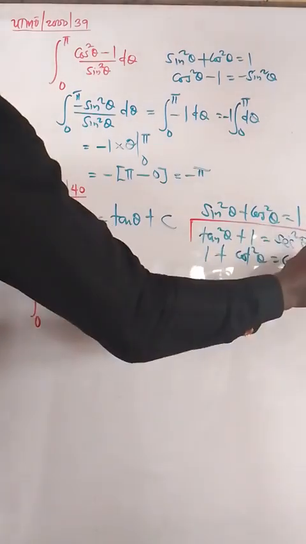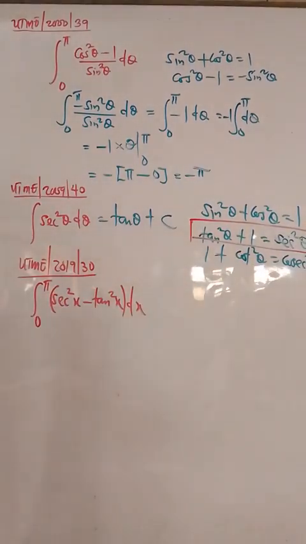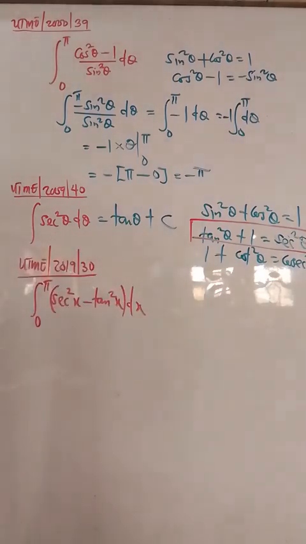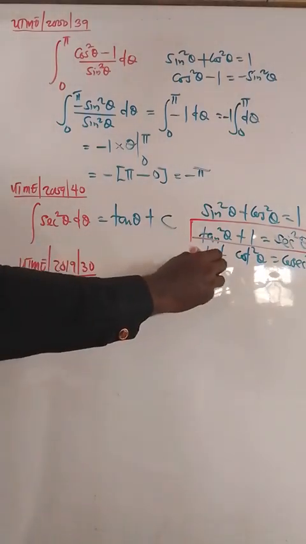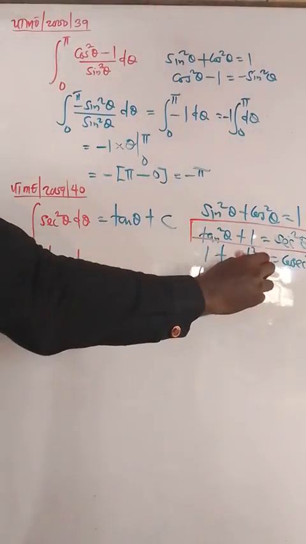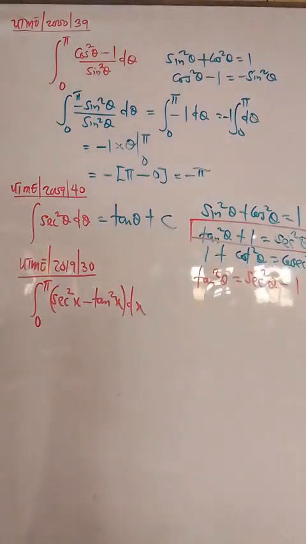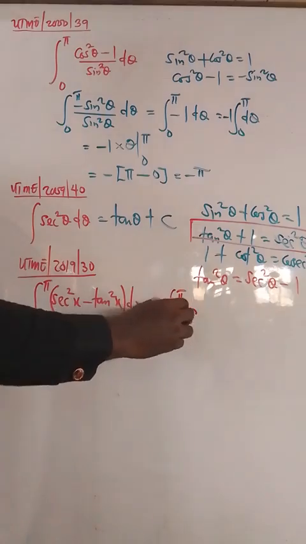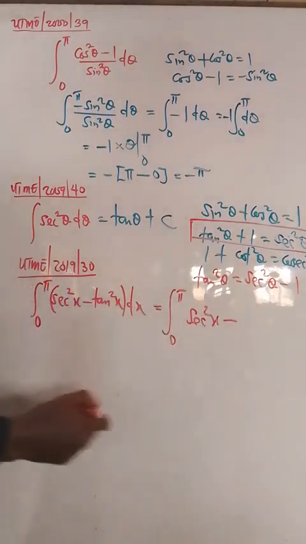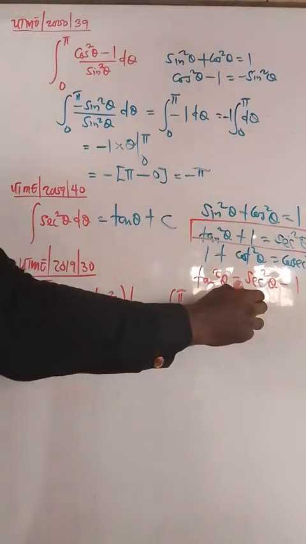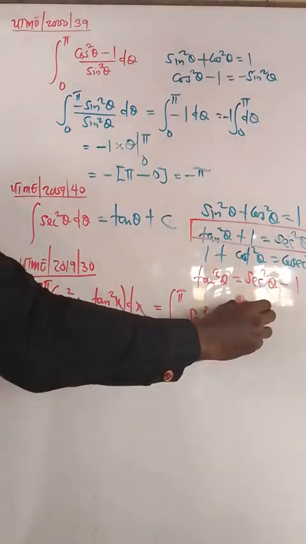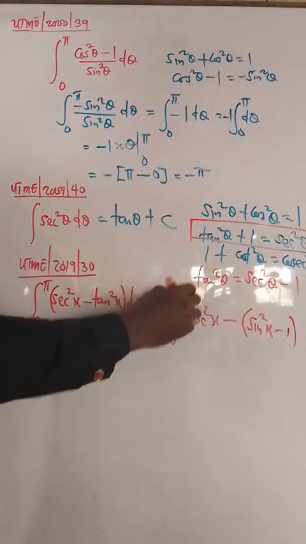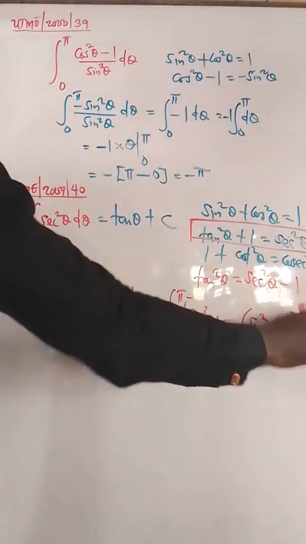This time around we are applying the second one. Since we have no integral for tan square theta, we have to replace it. From here, tan square theta equals sec square theta minus 1. So this is the same thing as writing the integral of sec square x minus, what is tan square x? Sec square x minus 1, dx.